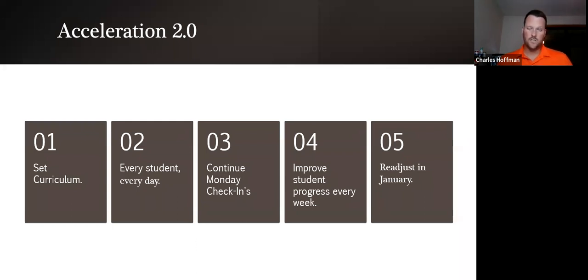My next suggestion campus-wide for this course is to just readjust our students in January. So RTI data shows that we need to keep students in the group for Tier 2 instruction for 8 to 12 weeks.